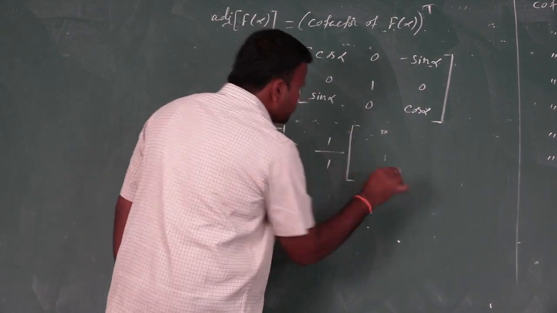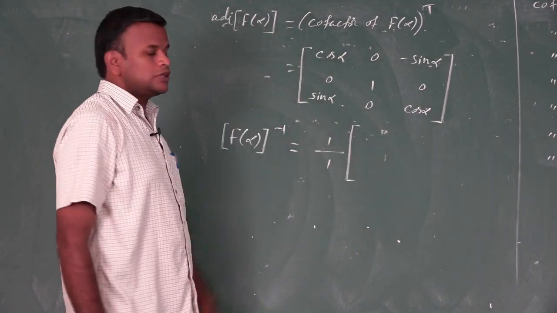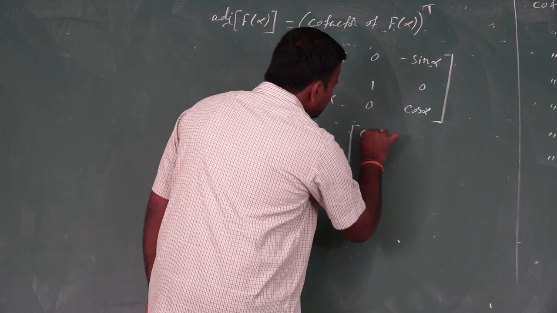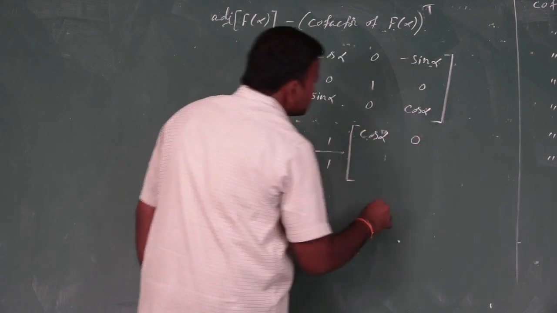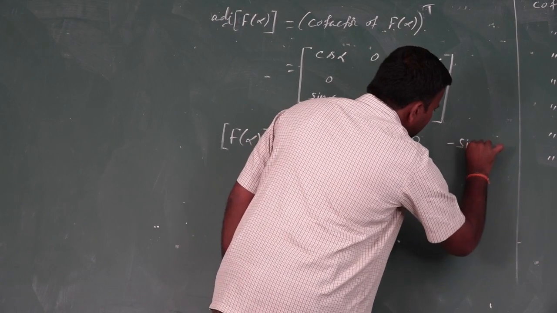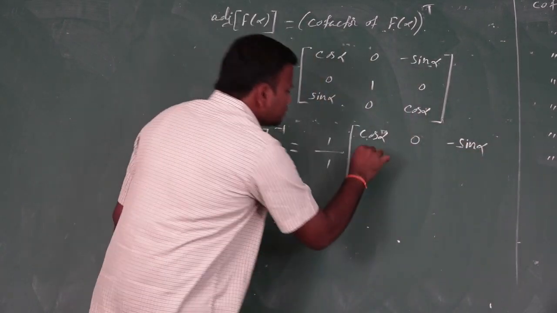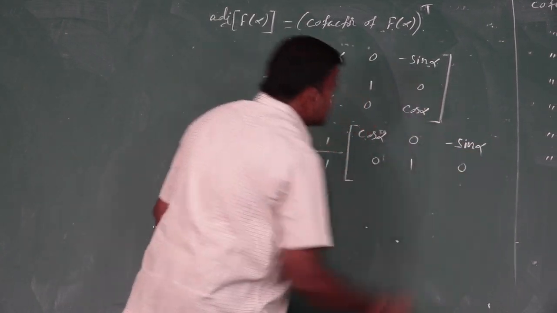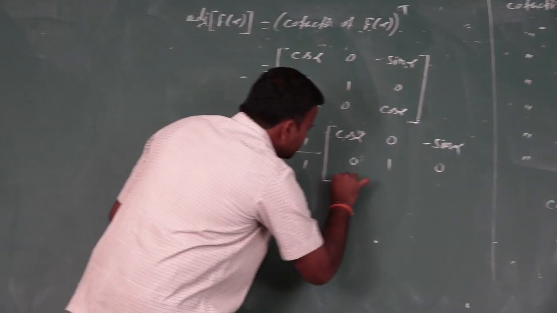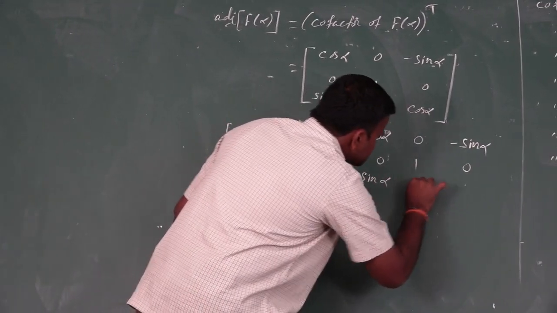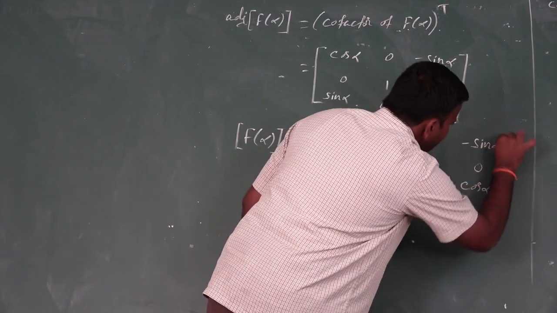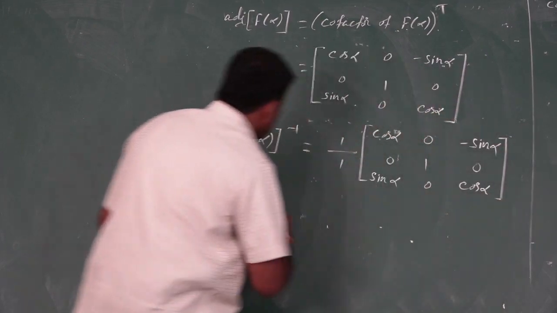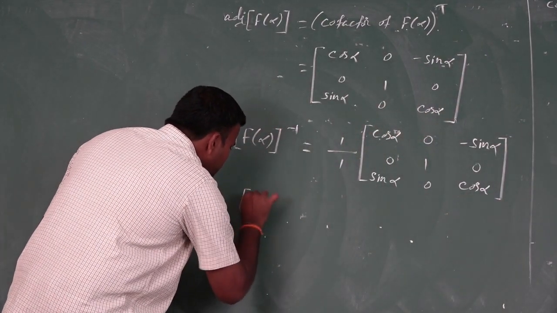So it is the value of the adjoint of f of alpha: cos alpha 0 minus sin alpha, 0 1 0, sin alpha 0 and cos alpha.